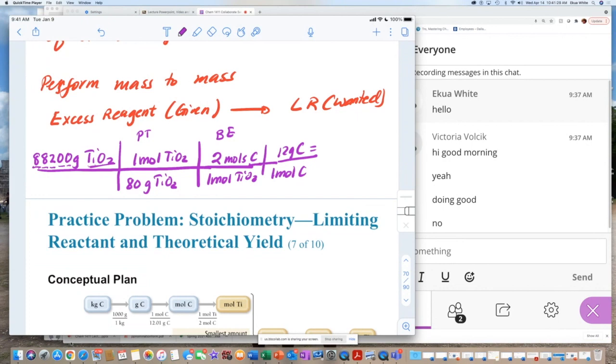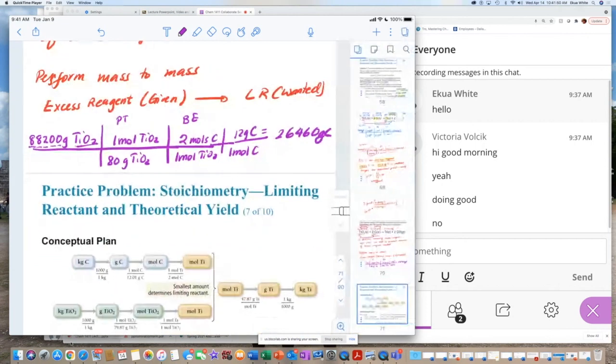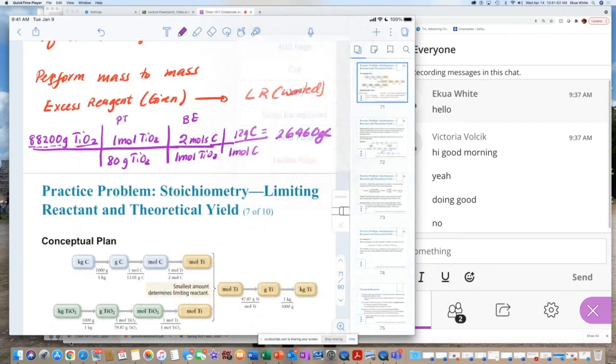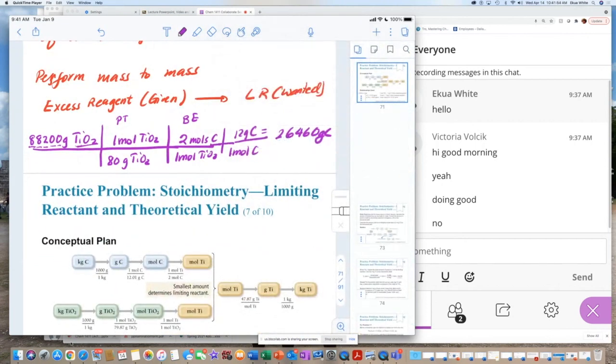Let me do the math. 88200 times 2 times 12 divided by 80. I end up with 26460 grams of carbon. Okay, if that's what we need, what did they actually give us though?